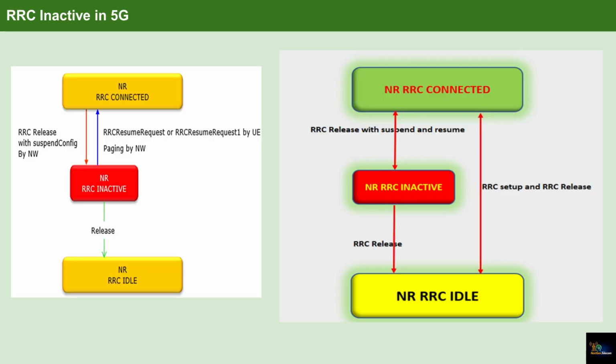Here the states show how we move to RRC inactive, and from RRC inactive to RRC connected state. The first image on the left-hand side shows RRC connected to RRC release with suspend config by the network, and whenever the resume request or resume request 1 is sent by the UE.